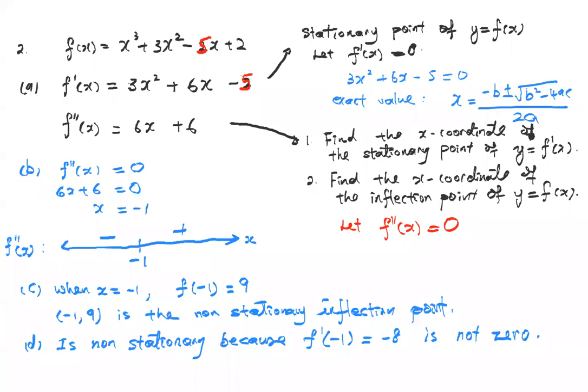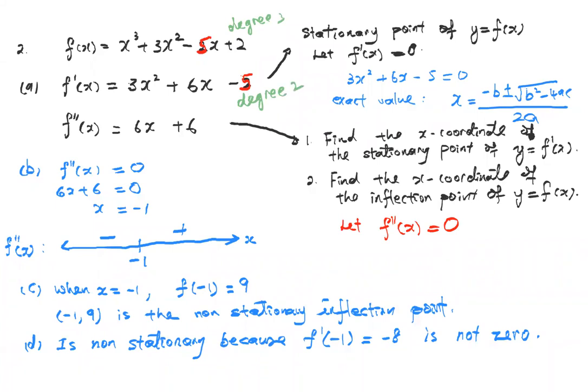So polynomial degree 3, maximum 2 turning points, 1 inflection point. Why? Because f prime x will be degree 2, one degree lower always. Correct?